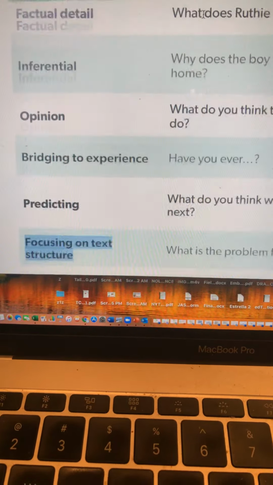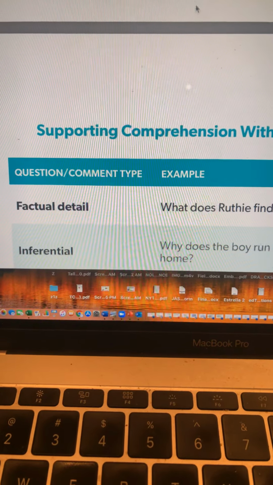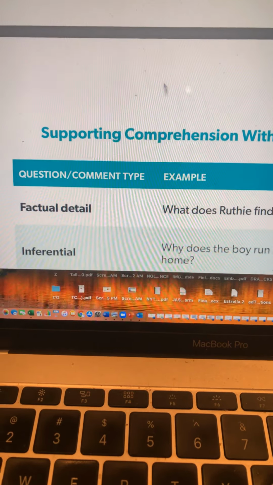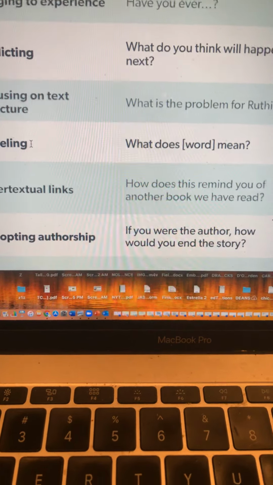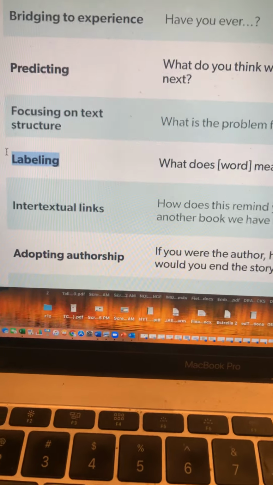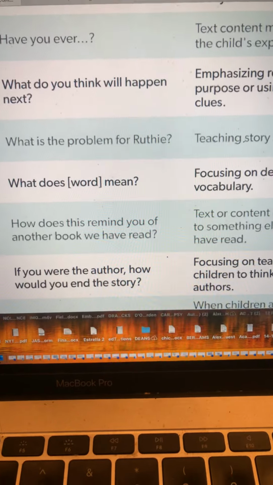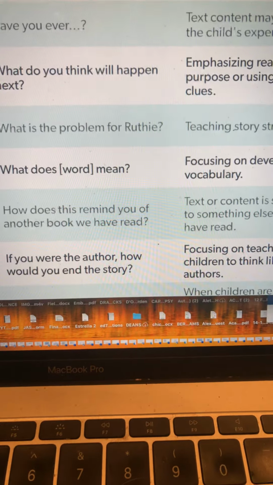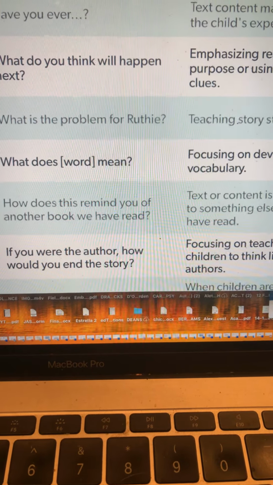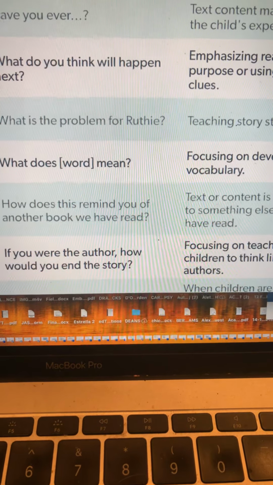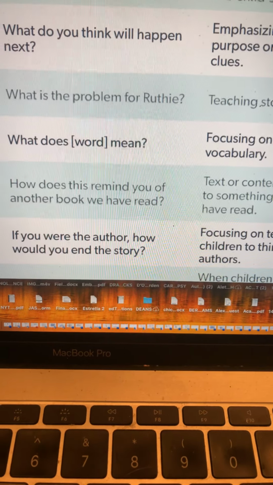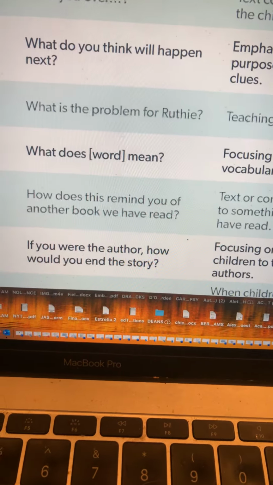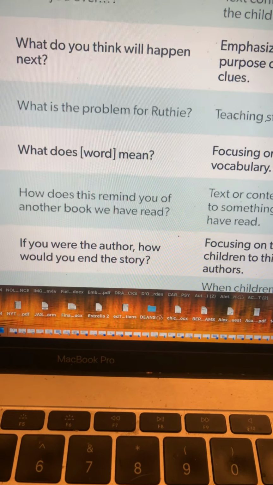Another form that you can use on the question or comment type is related to labeling, which I will highlight at this point. The question that you might ask if you are asking about labeling something, like labeling a word, you might say, what does this mean? Or what does this word mean? What does conniption mean?